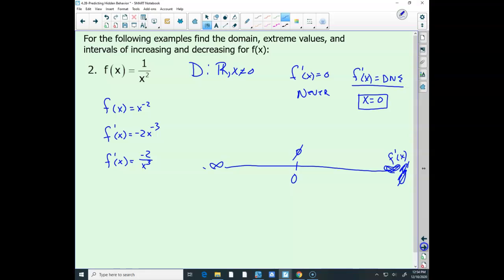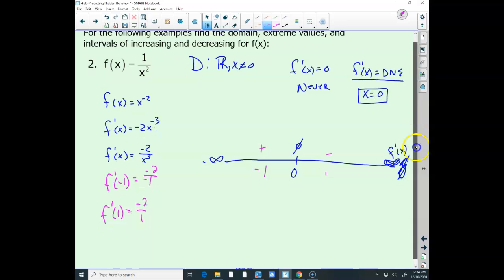What I'm going to do is take, say, -1 and test it. What's f prime of -1? Well, it's going to be -2 over a negative 1. It's increasing there. How about 1? What's f prime of 1 going to be? It's going to be -2 over 1. It's going to be decreasing there.